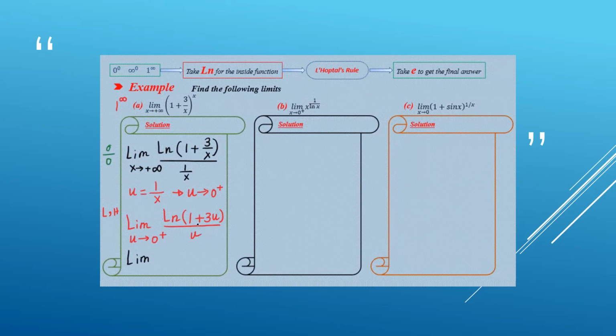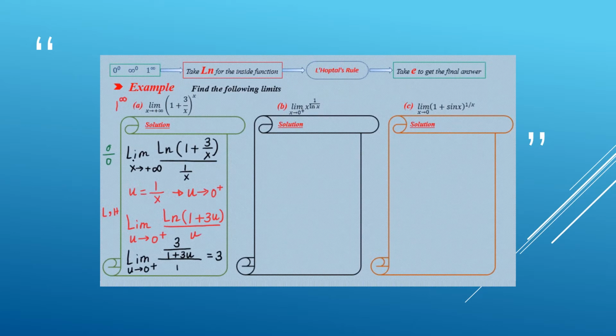We have limit, the derivative for numerator is 3 over 1 plus 3u divided by the derivative of denominator, which is 1 when u goes to 0 from right. So this is equals to 3 over 1 plus 0, which is equals to 3.